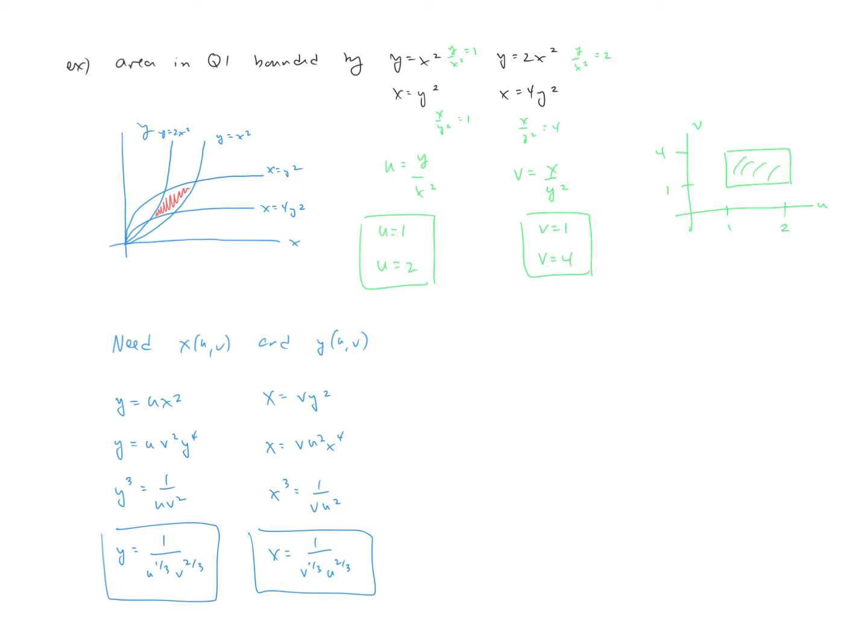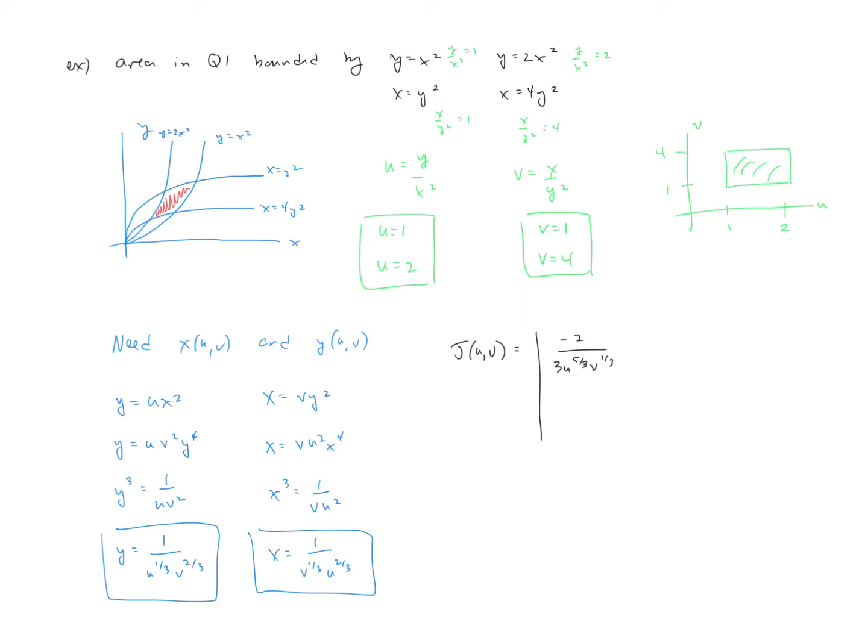So, for the Jacobian, J of u v, I'm going to start here with the partial x, partial u. The partial derivative of x with respect to u is going to be negative 2 over 3u to the 5/3, v to the 1/3. The next one would be the partial of x with respect to v.